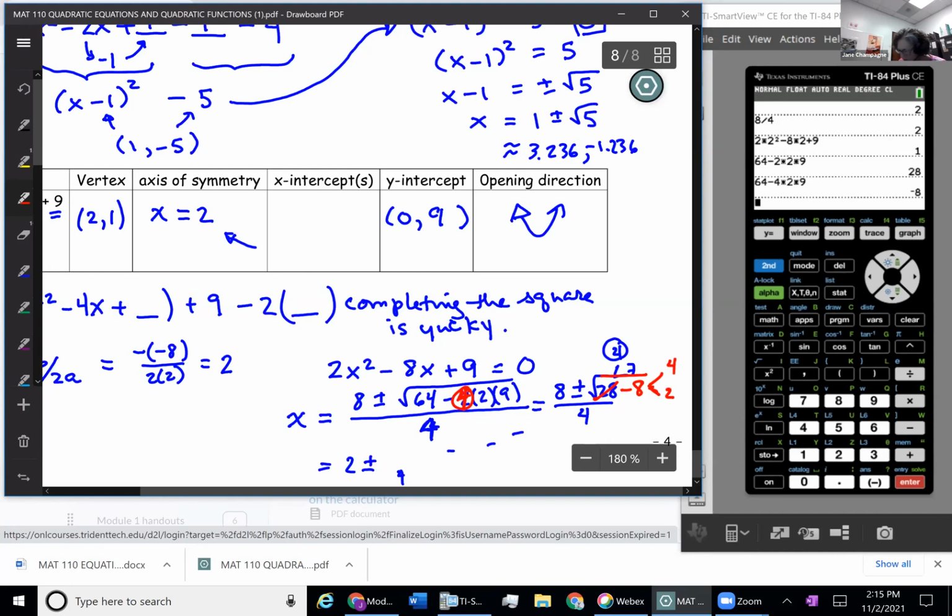Well, -4 times 2, but the negative is going to come out as i. And then we got a 2 root 2 over 4. So that's going to be 2 plus or minus root 2 over 2i. And because that's imaginary, there are no x-intercepts. Sometimes we put DNE, does not exist.